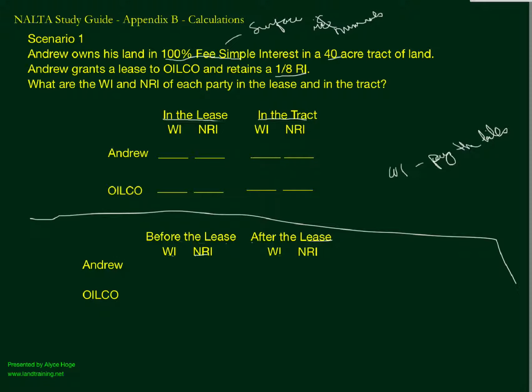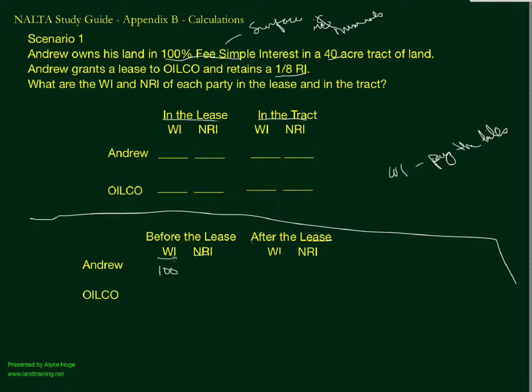This is Andrew and Oil Company before there is an oil and gas lease. If Andrew wants to drill on his own 40 acres, and he has every right to do so, he will have to pay 100% of the cost of that well, 1 million, 6 million, whatever it is. So Andrew's going to have 100% of the responsibility for paying the bills.